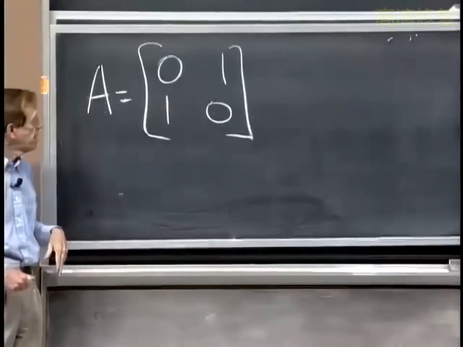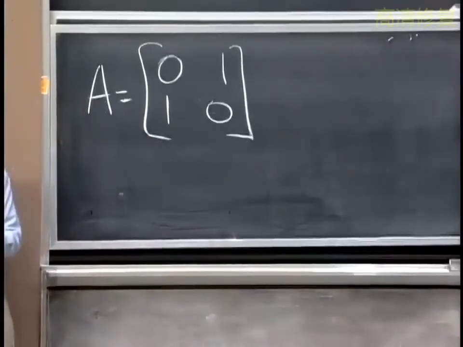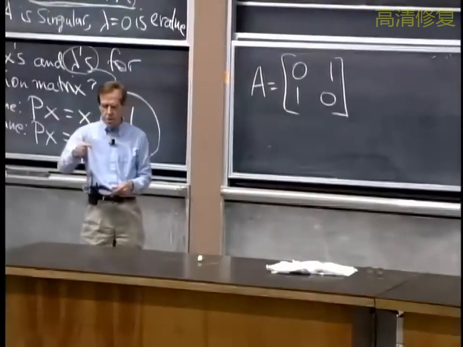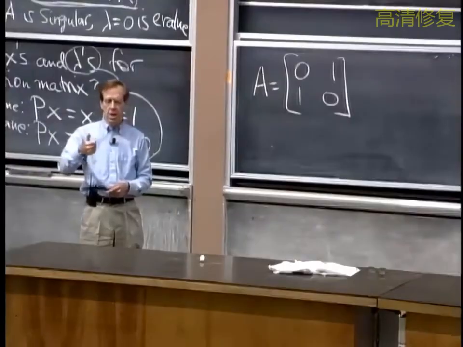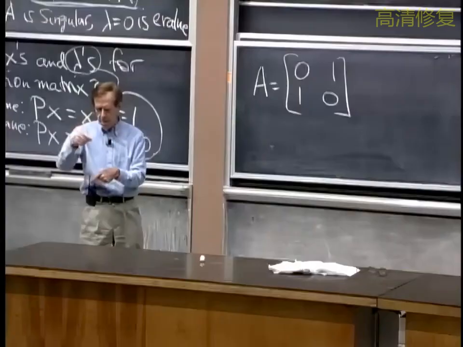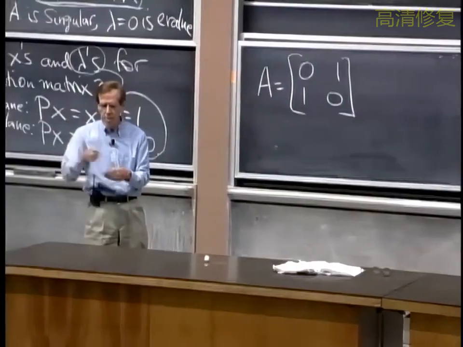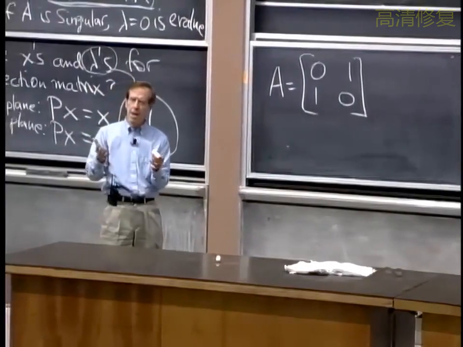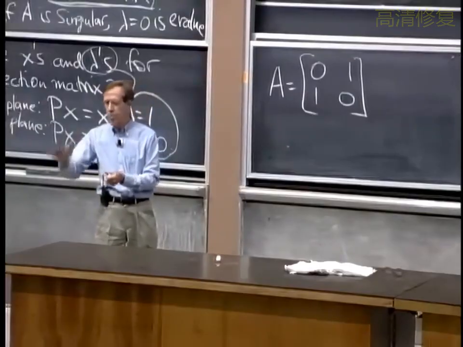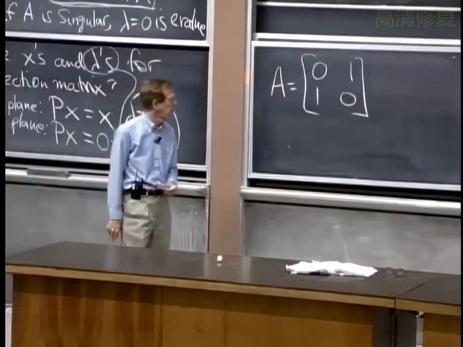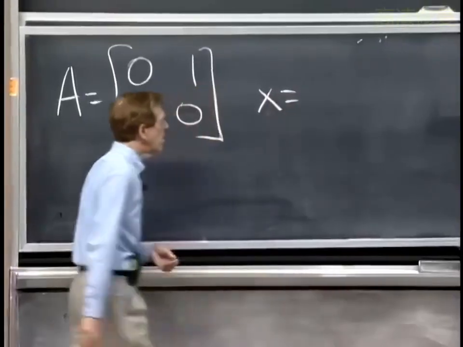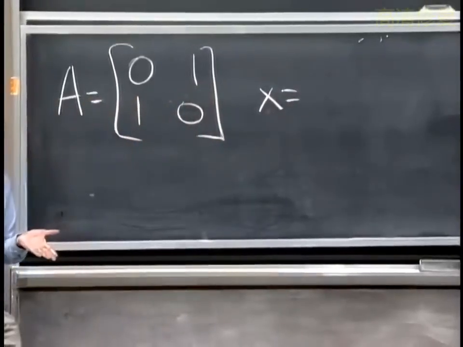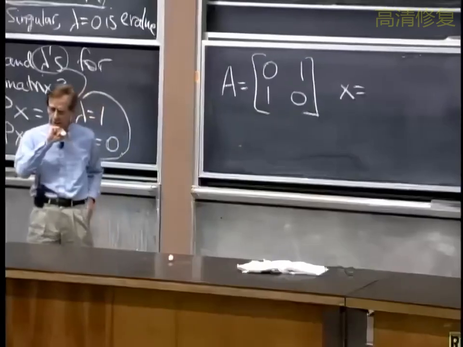That's a matrix that permutes x1 and x2, right? It switches the two components of x. How could the vector with its components permuted, x2, x1, turn out to be a multiple of x1, x2, the vector we start with? Can you tell me one vector that has eigenvalue 1?